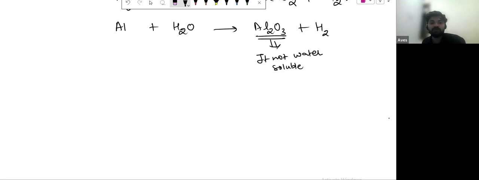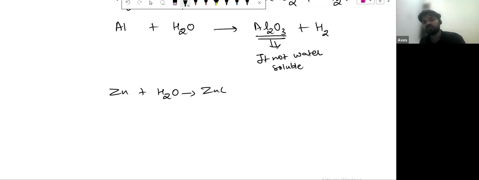Similarly, when zinc reacts with water, it forms what?